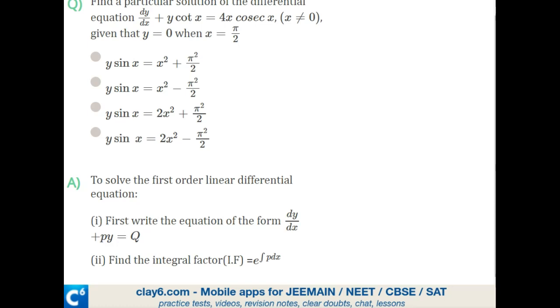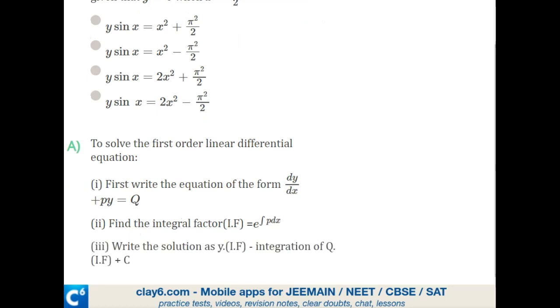So you take p, which is the coefficient of the y term, integrate that with respect to x and form the factor as e power that. And then the solution just falls into place, which is y times the integral factor we calculated in step 2 equals the integral of q, which is everything on the right side, times the integral factor, plus c.